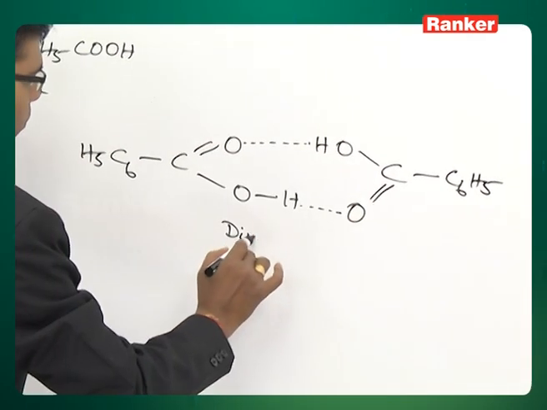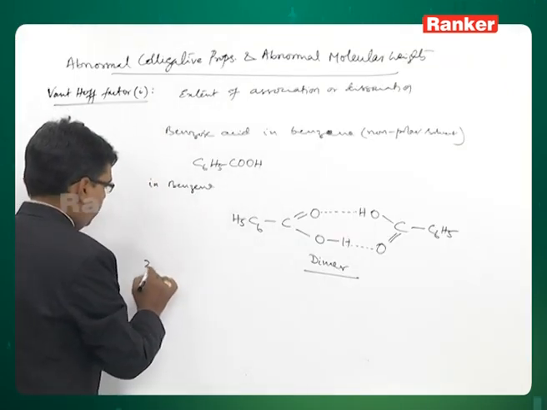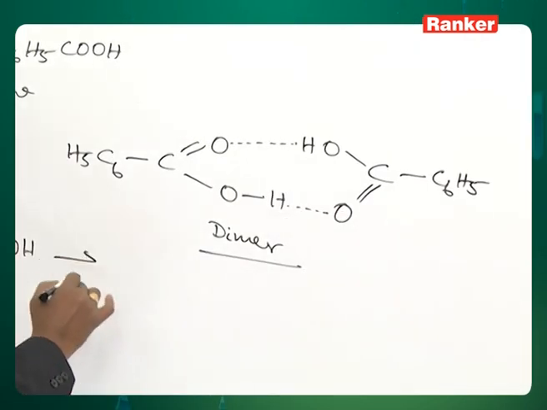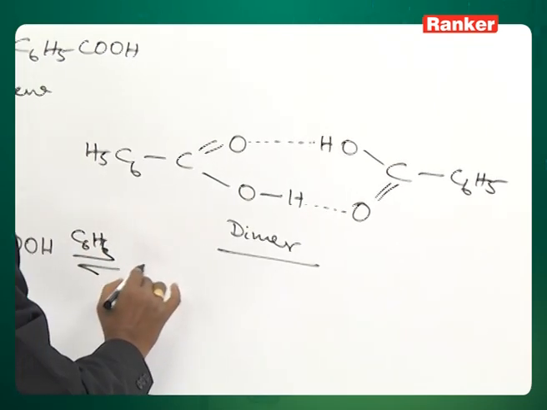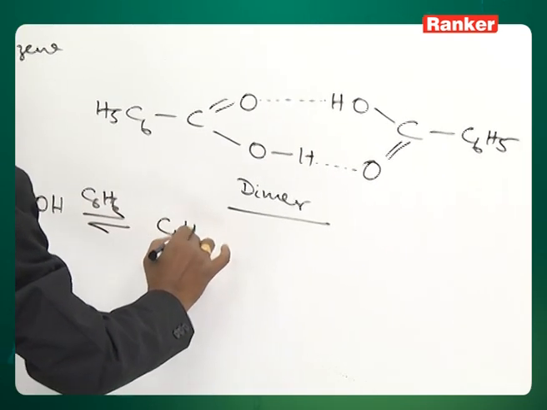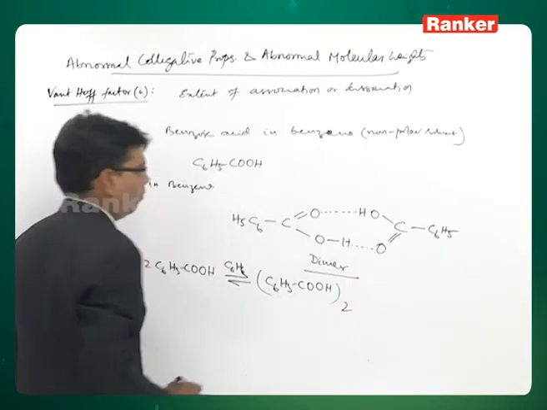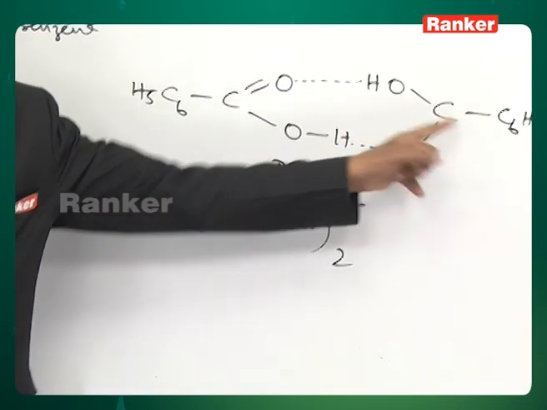This is the dimer. So, chemically you will show that 2 C6H5COOH in benzene solvent becomes (C6H5COOH) twice. So, here two benzoic acid molecules are uniting to form a dimer.